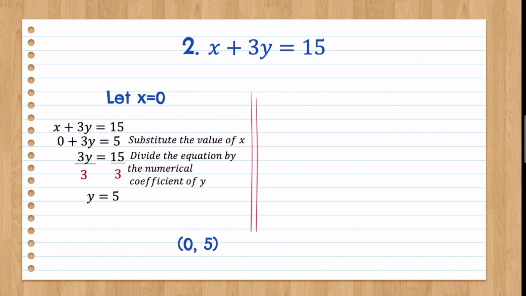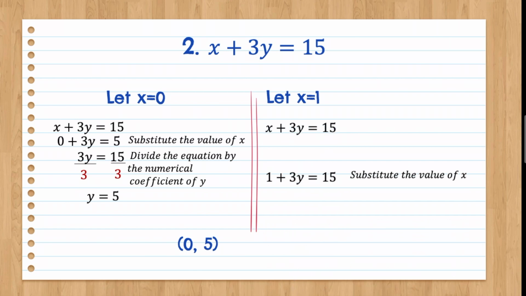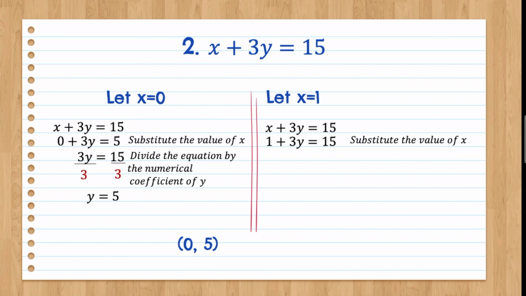And then, let x be equal to 1. If that will be the case, x plus 3y is equal to 15. So, again, replace your x with 1. And then, ang goal mo is, dahil hindi naman siya 0, hindi na lang siya mawawala. So, ang goal mo is, mawala yung 1. So, you will use addition property of equality. Yung additive inverse ni 1 ay negative 1.